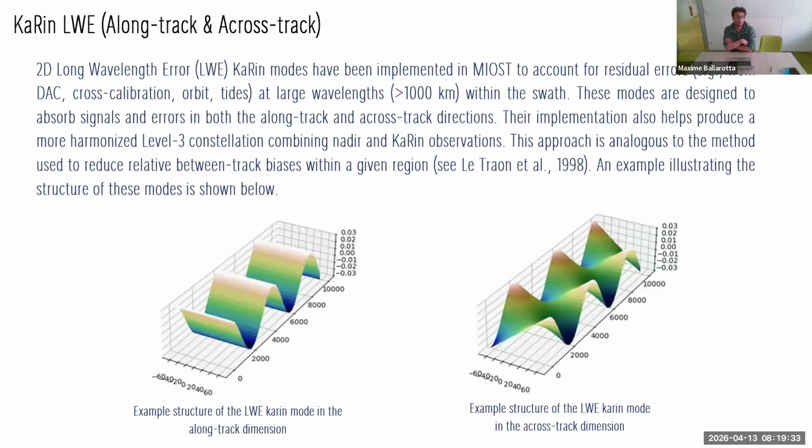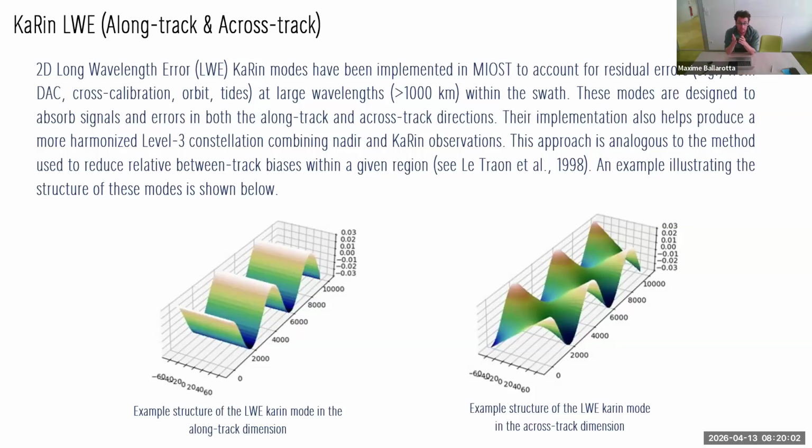So now I move to the long wavelength error that I shortly introduced at the beginning. Within the MIOST system, we have introduced a 2D long wavelength error mode specifically for Karin.